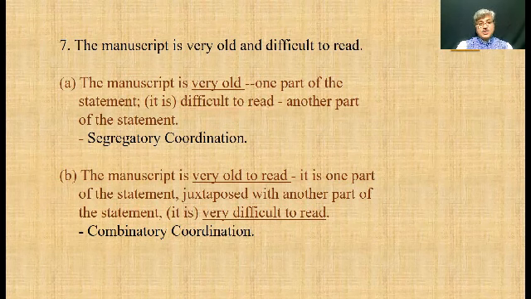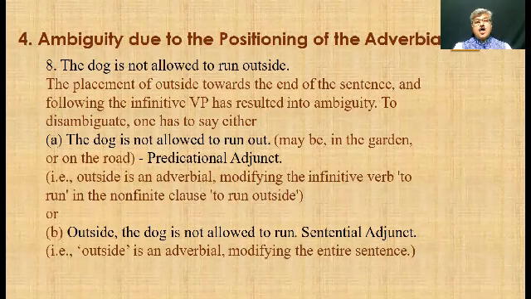Ambiguity due to the positioning of the adverbial. The dog is not allowed to run outside. The placement of outside towards the end of the sentence and following the infinitive VP has resulted in ambiguity. To disambiguate, one has to say either the dog is not allowed to run out, maybe in the garden or on the road.